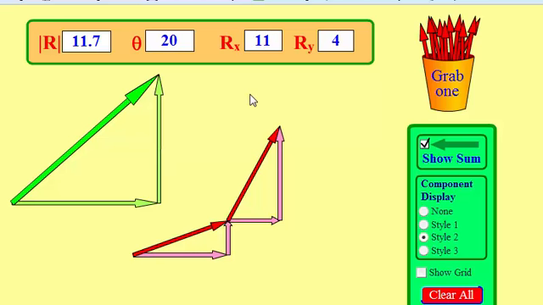Let's take a look at the actual numbers. If I click on this vector, I can see the x part is equal to 11. And if I click on this vector, I can see the x part is equal to 6. 11 plus 6 is 17. Remember that number, 17. Let's take a look at the y parts. This one has a y part of 4.